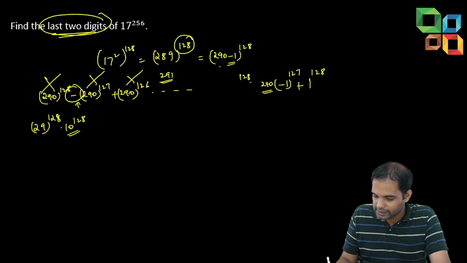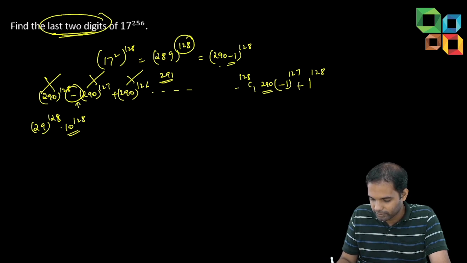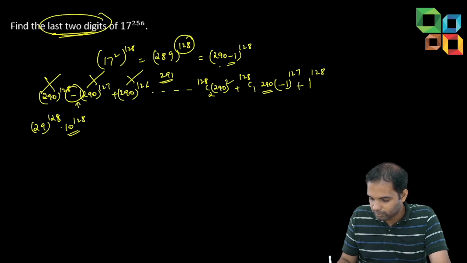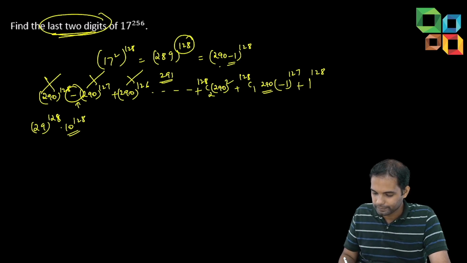But now let me write the terms correctly. NC1, or 128C1. Next term would be 128C2 into 290 whole squared. We'll just figure out what we need to do. This was minus, this will be plus anyway, because it is minus 1 to the power 126, so even.